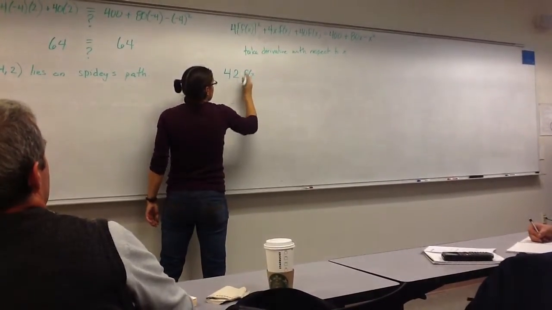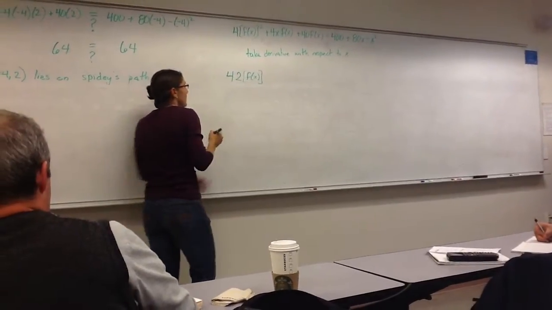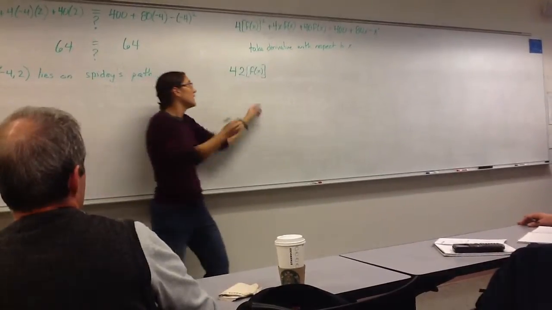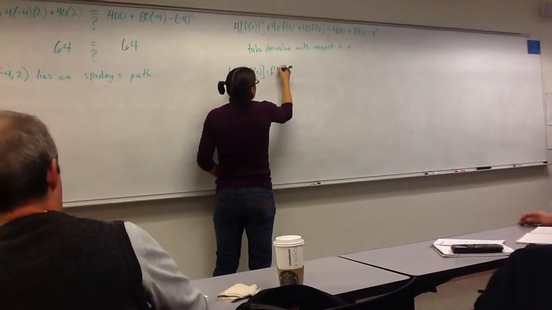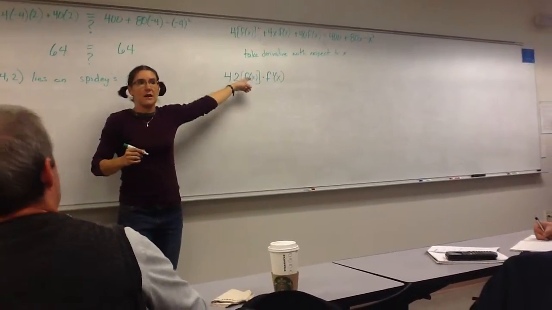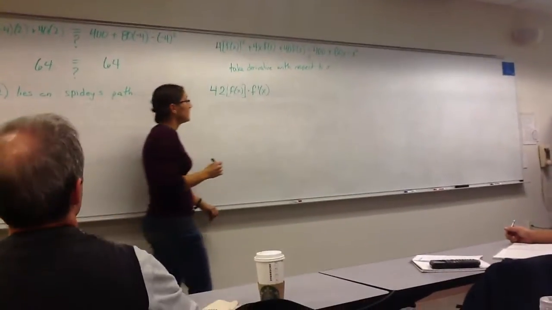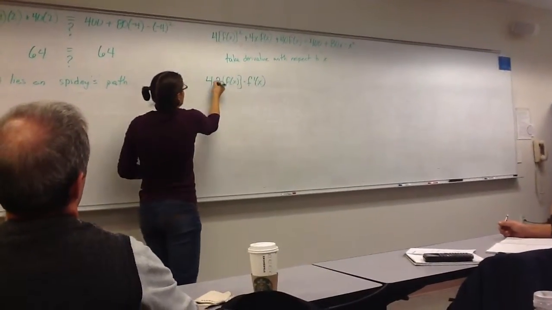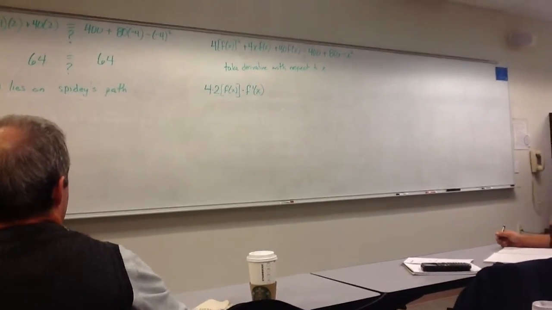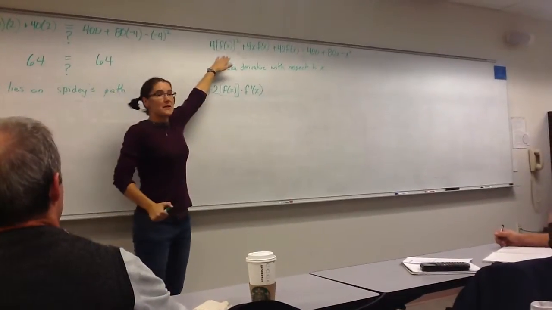So I've got 2 times f of x raised to the first power, derivative of the outside, keeping the inside the same, times the derivative of the inside. And my inside function was f of x, so its derivative is f prime. That is 4 times 2. Okay. So that's our derivative of the first term. Any questions about that one?